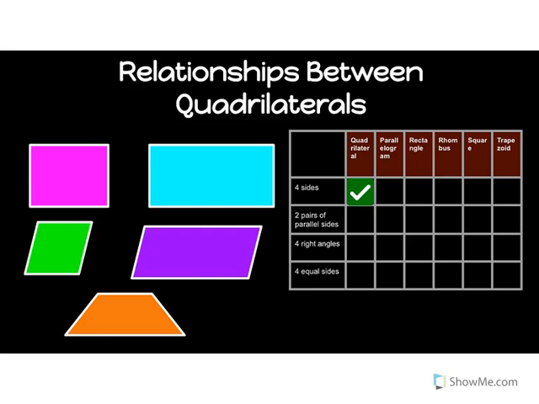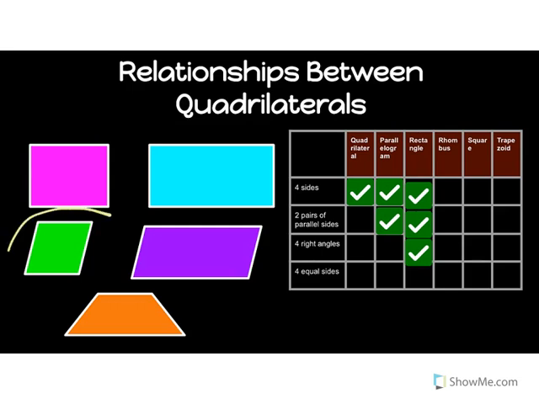It does not have to have right angles, and it does not have to have equal sides. Let's talk about a rectangle. A rectangle has 4 sides, 2 pairs of parallel sides, 4 right angles, but it does not have to have these 4 equal sides.